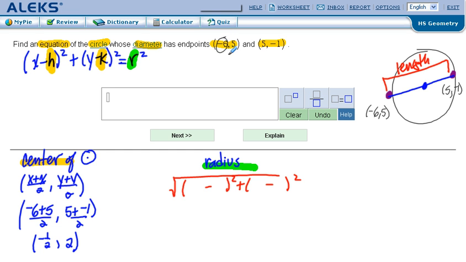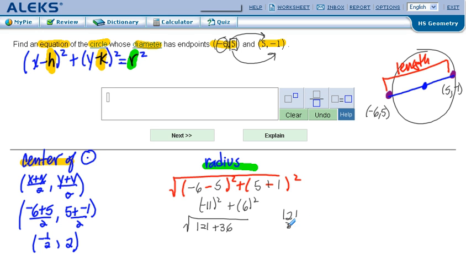So our x's, we're going to do -6 minus 5, and our y's is 5 minus -1. So this is (-11)² plus 6², and we get 121 plus 36, and we get the square root of 157. That is our diameter.